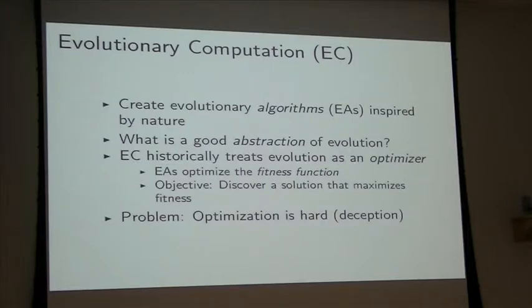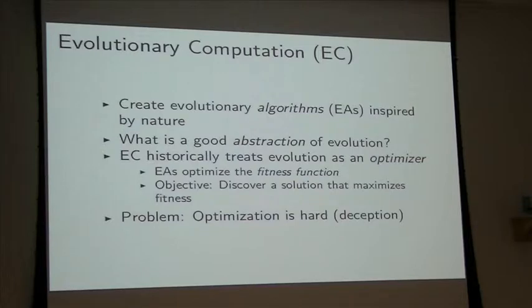Because evolution is this really huge process in the natural world, and it's very rich, and there's lots of details that you could choose to focus on. So when you create an abstraction, you're forced with the dilemma of what particular details to make central in your algorithm and what to wipe away.